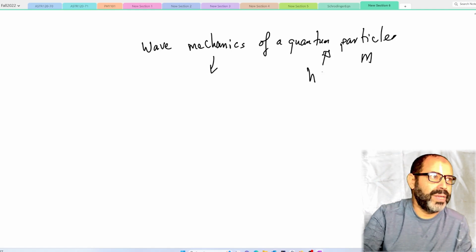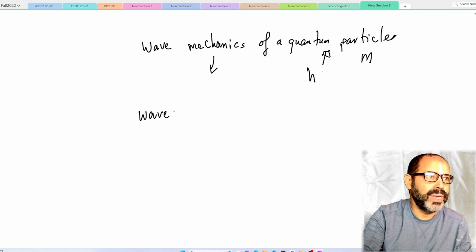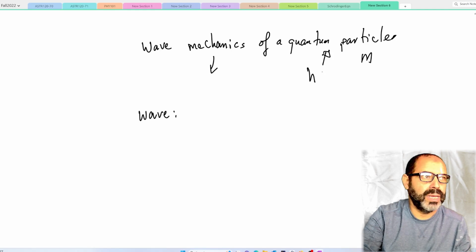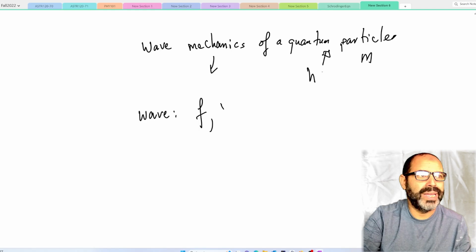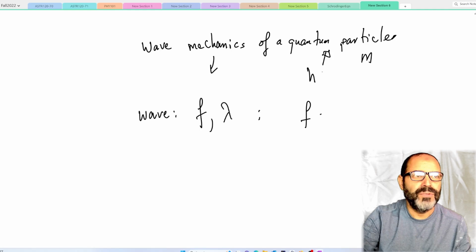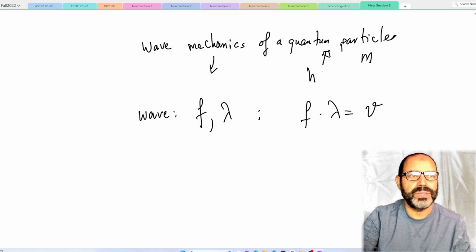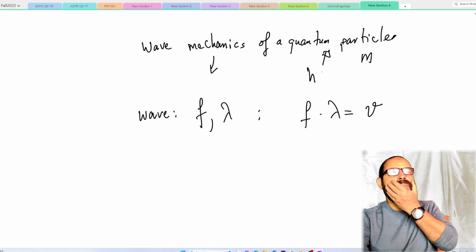In classical waves, in a normal wave, there are two things: a frequency and also a wavelength. These two quantities are connected to one another via the dispersion law, where the product of the two is equal to the velocity v.